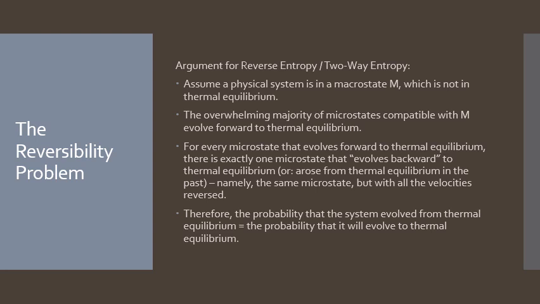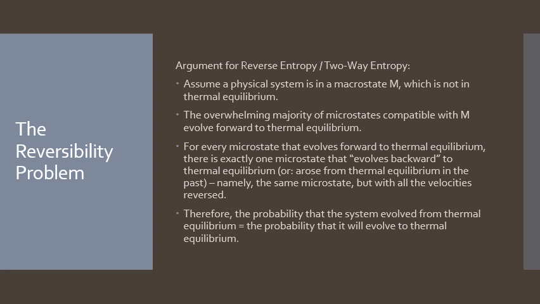In other words, the two-way entropy law says if you're in a state that's highly ordered, you should expect that both in the future of that state and in the past of that state, the universe moves towards thermal equilibrium. So the highly ordered state probably arose from thermal equilibrium and is shortly returning to thermal equilibrium.